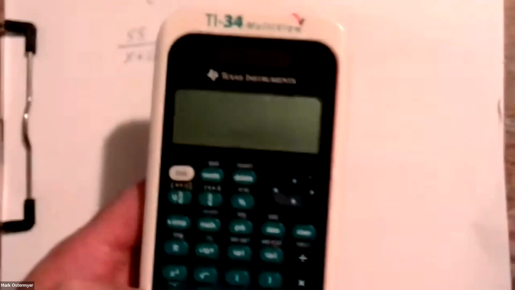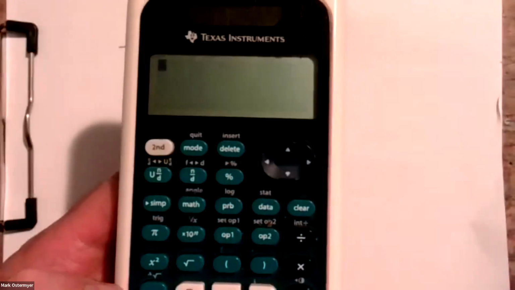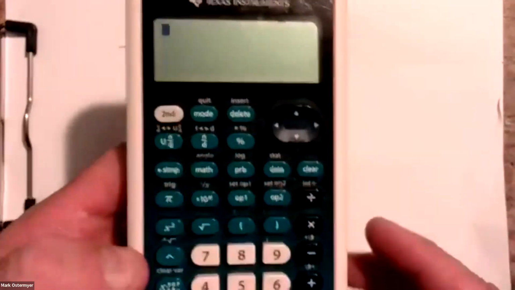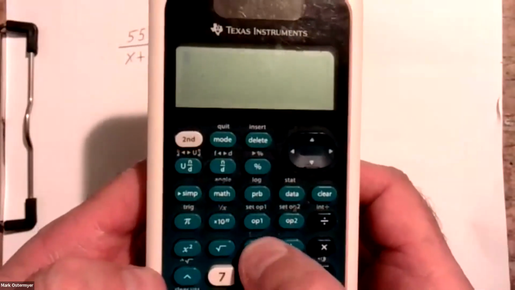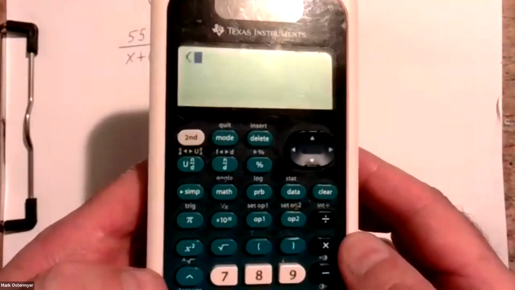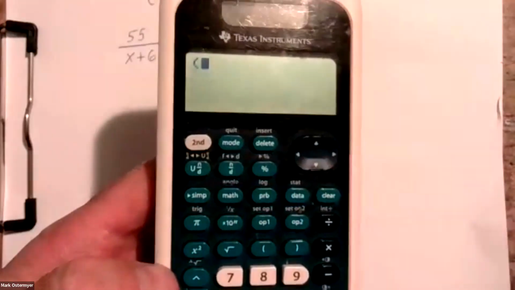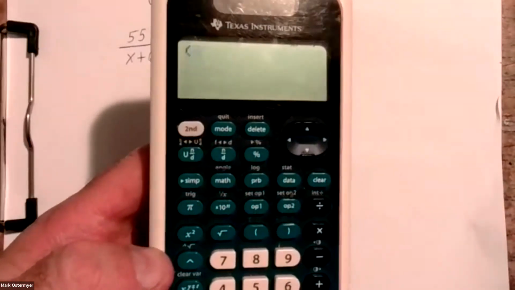All right, so here's my calculator. Let's see if you can see it here. Okay. So I'm going to start off with an open parenthesis. And what was it? 72.5 million? Was that it or not?